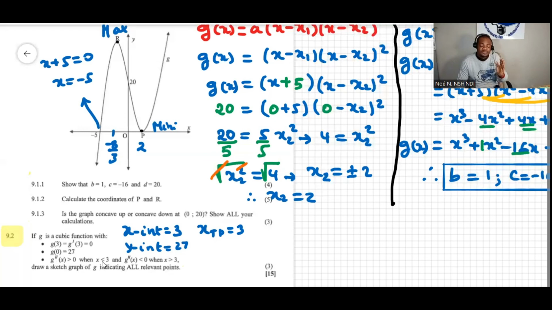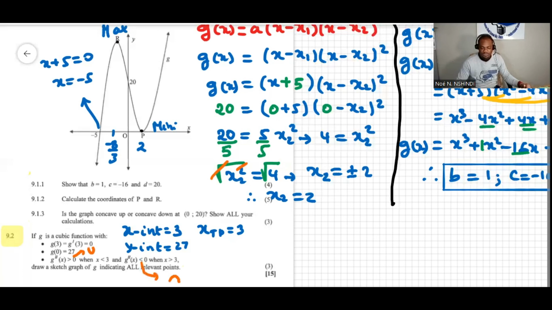And then g second is lesser than 0 when x is greater than 3. This simply means the function is concave down when x is greater than 3. Now here I'll say this part here concave up, and then I'm just going to abbreviate it like that because of space. I'm going to say concave down there like that.